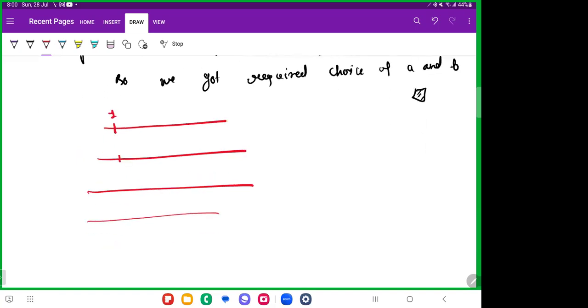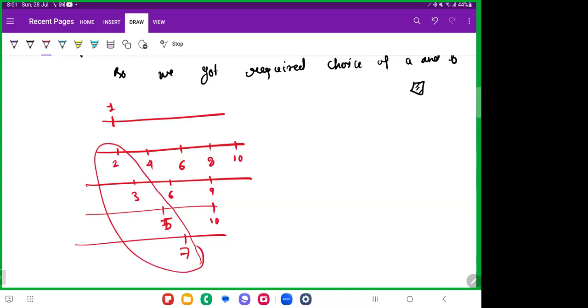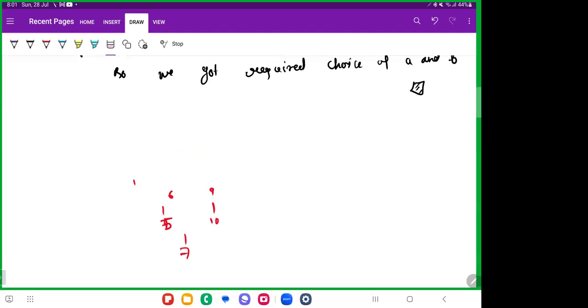I start with n equals 5, let's say, and break this set into classes: 2, 4, 6, 8, 10 lie in one class, then 3, 6, 9, then the class of 7, then the class of 5, 10. Then I look at the primes, which give me a 4 cardinality set in which this does not hold. This is the intuitive way of trying to approach this kind of problem, and it may be helpful for you a lot of times.